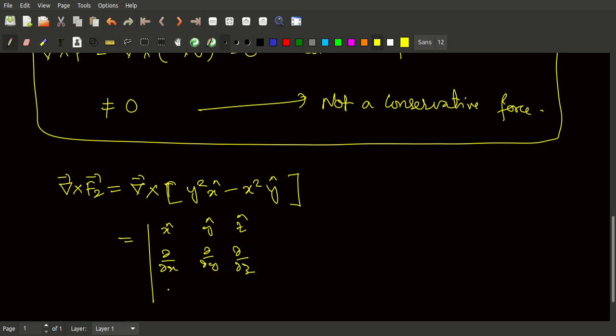For x cap, that is y square, for y cap, that is minus x square, then for z cap 0. Now if you expand this determinant, the answer you will get will be equal to minus 2 times (x plus y), which is not equal to 0.